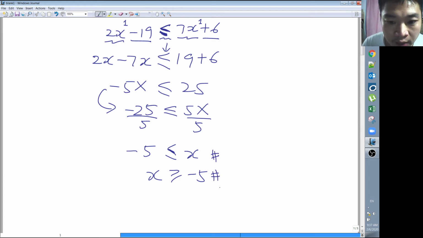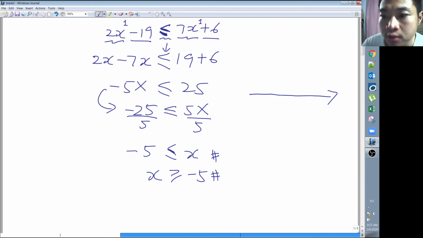Now what you do is you need to represent this answer on a number line. Let me do it on the right side here. Draw your number line, and then you can see over here is x bigger or equal to -5.